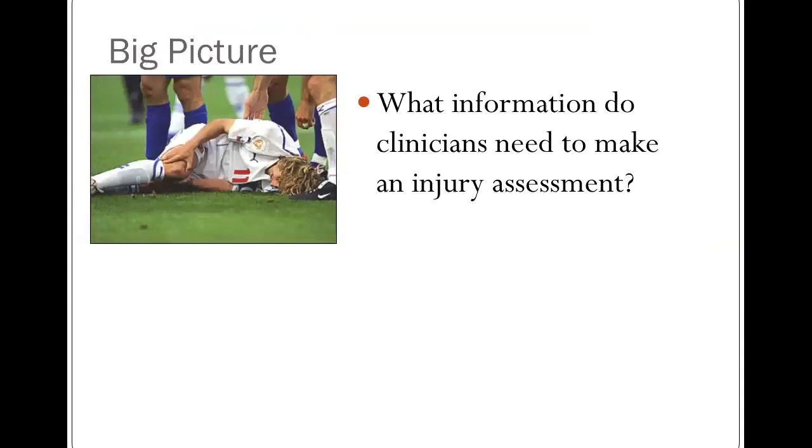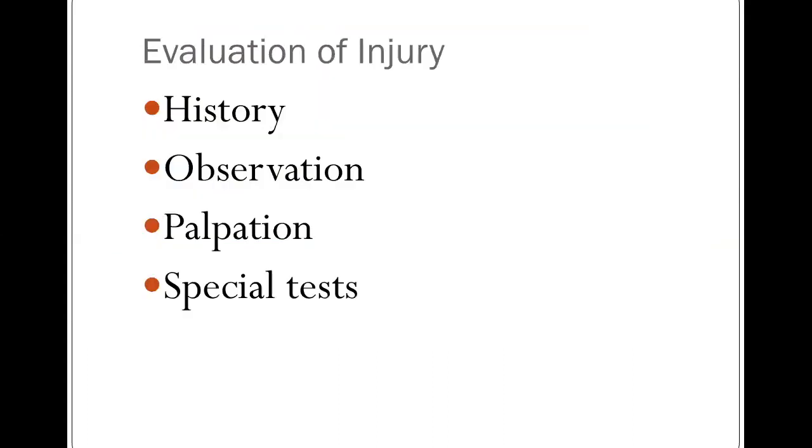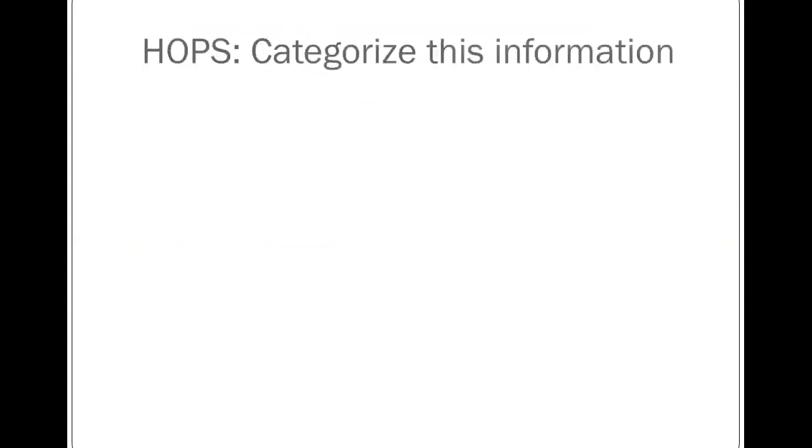But other ways that other fields also look at it, and that we should take into consideration, is using the HOPS system in order to evaluate an injury. HOPS stands for history, observation, palpation, and special tests.